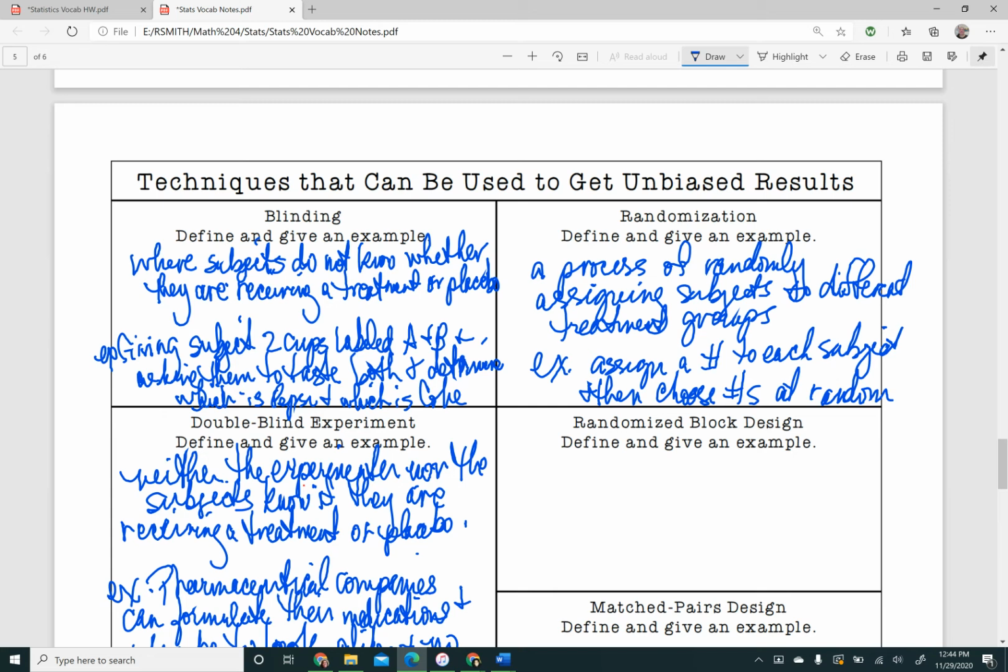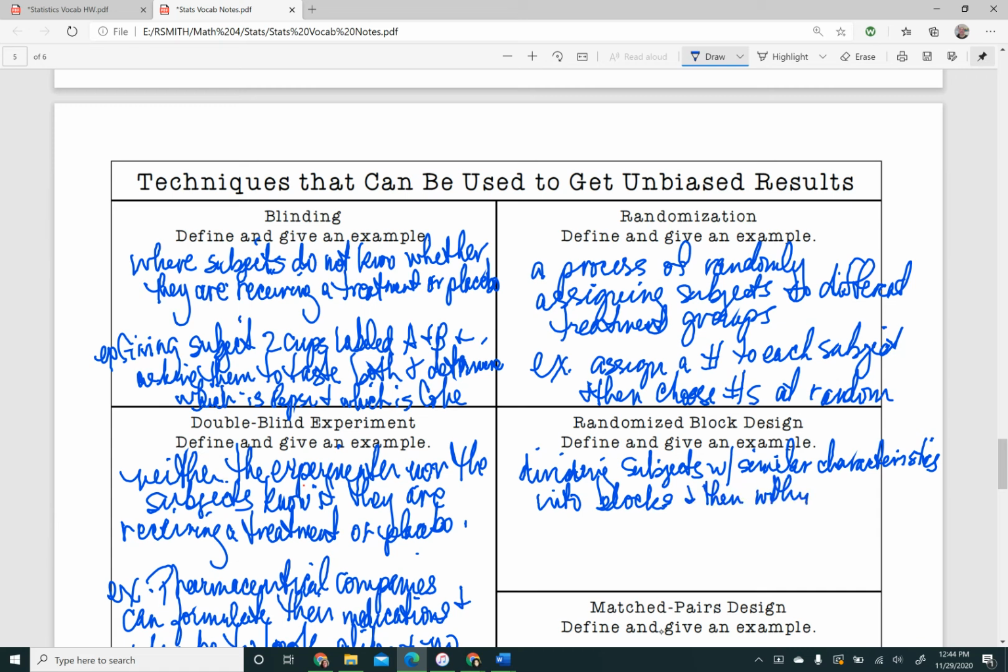Randomized block design is dividing subjects with similar characteristics into blocks, and then within the block, randomly assigning subjects to treatment groups.